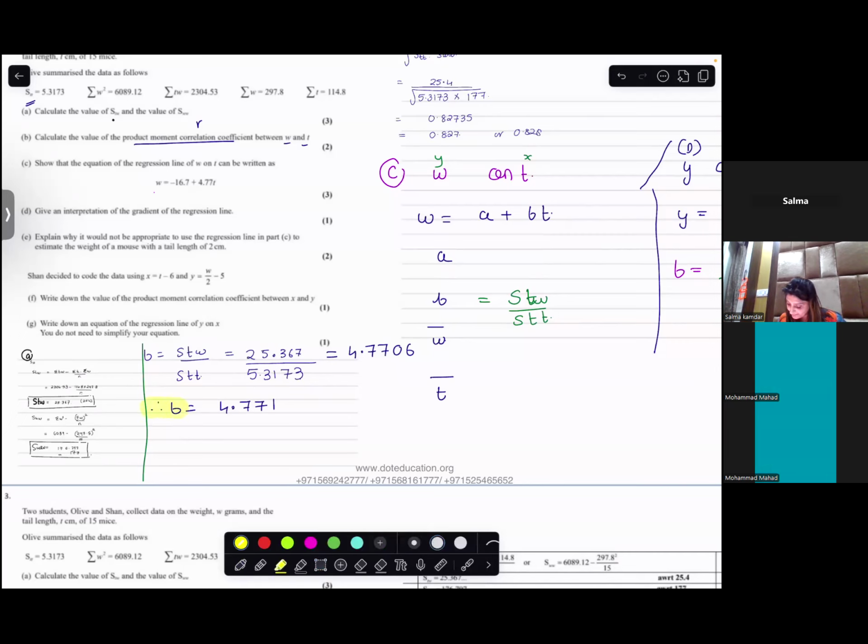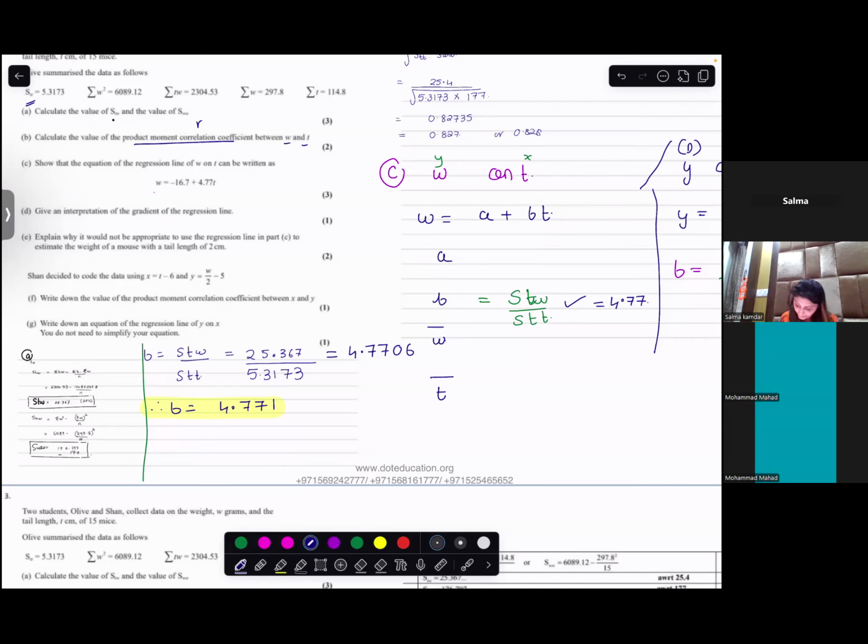4.77 is fine. So I found B. Now I need to find A. But to find A, I need the mean of W and the mean of T. How would I find the mean of W?